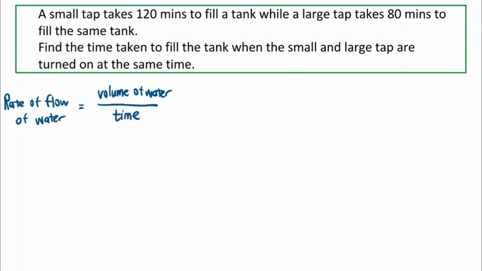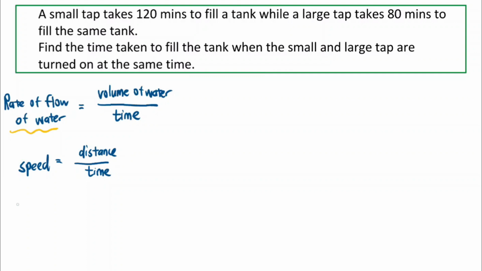And this equation is similar to the equation for speed, where speed equals distance traveled over time. So let's see how we can use this rate of flow of water equation to answer this question.